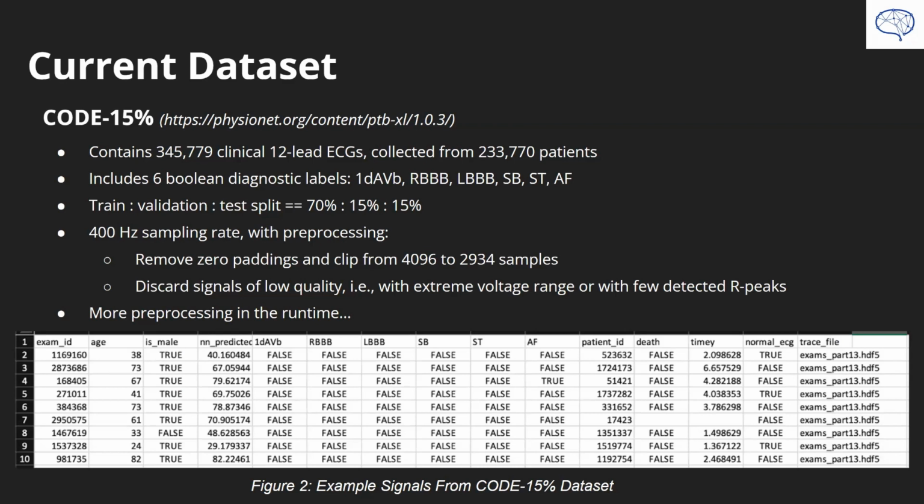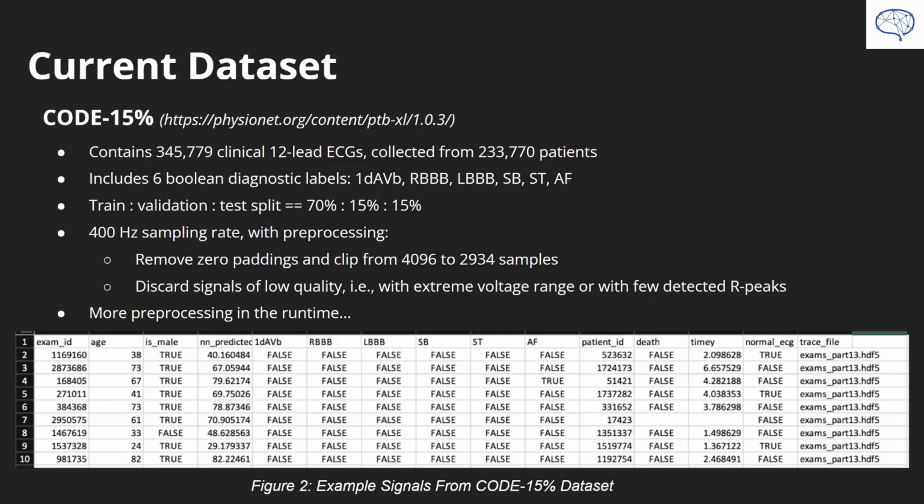The signals are sampled at 400 Hertz, and the quality is lower. So first, some signals are very short and are padded with zeros. Padding is not very problematic for ECG classification, which is what the dataset was created for, but it is not very suitable for a reconstruction task.